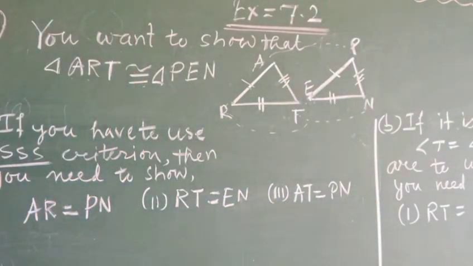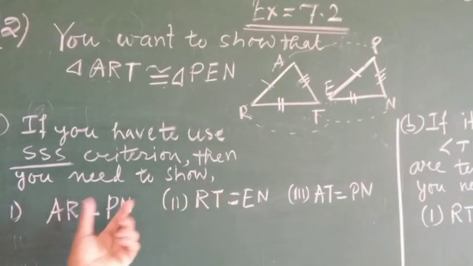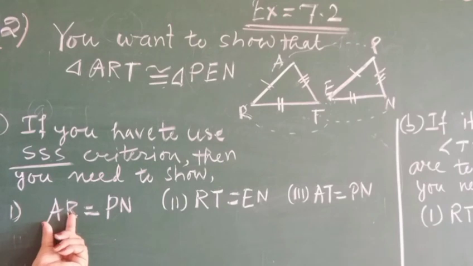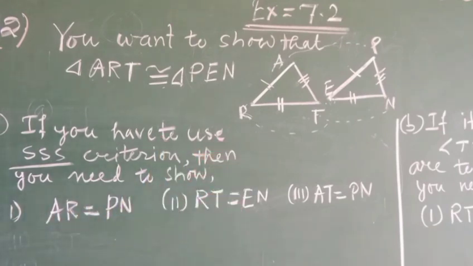This only you have to write. This is the fill in the blanks type: one side of one triangle is given, and you have to find the corresponding sides of the other congruent triangle.